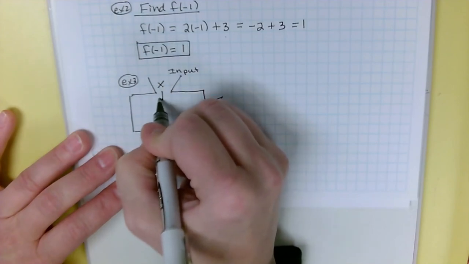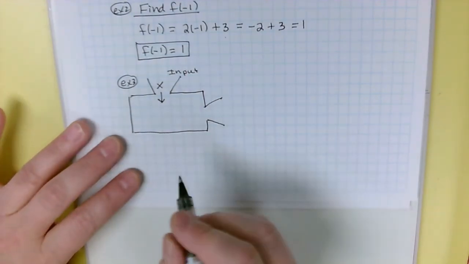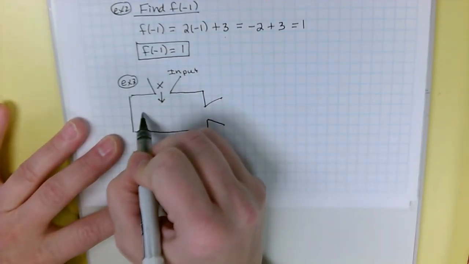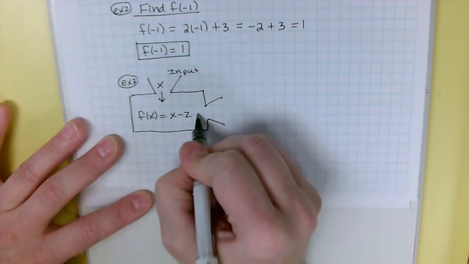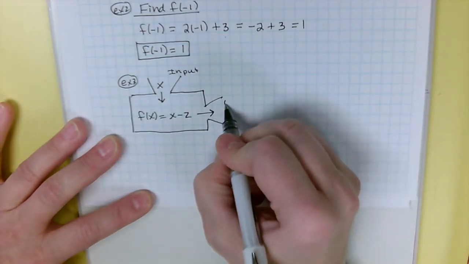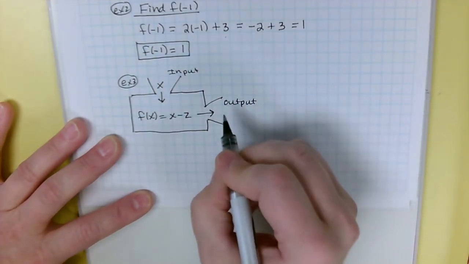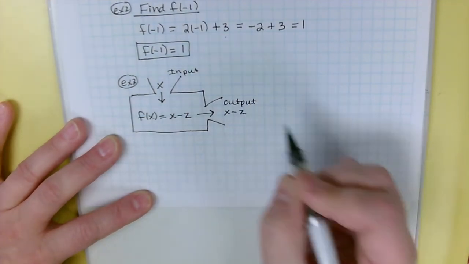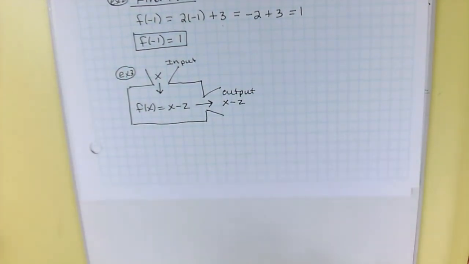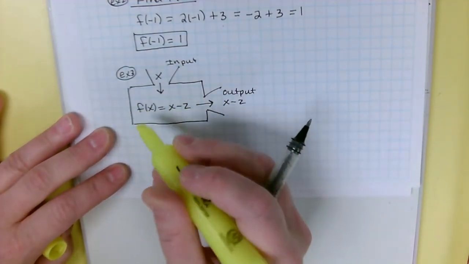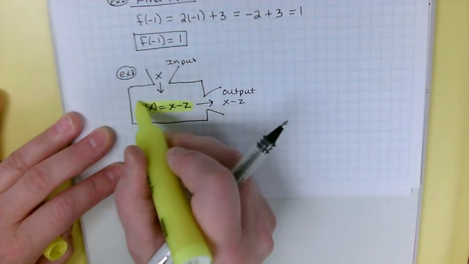So x is your input. It is substituted or inputted into f of x equals x minus 2. And the result is the output, which would be x minus 2. Yeah, I'm not really a giant fan of these, but the key part is that is basically your equation.